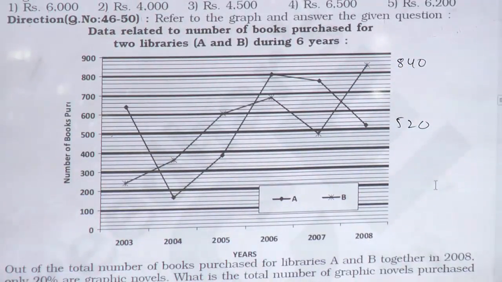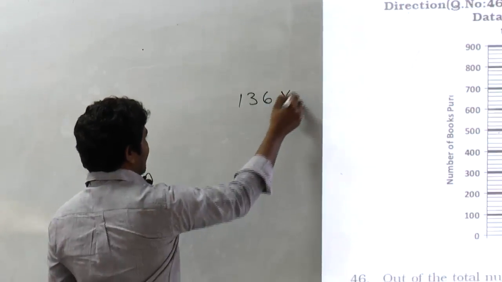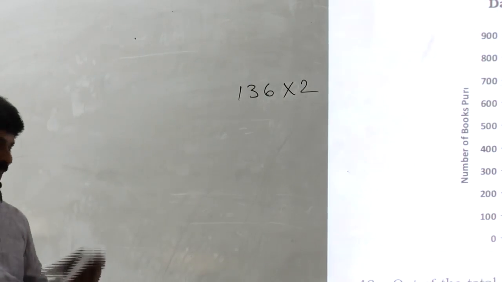And the total is 1360. And 20% of this you need to calculate. 10% is 136, 20% is into 2, 272.